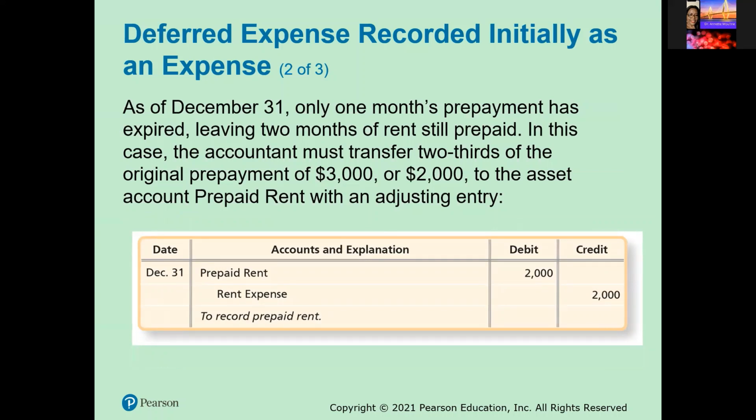As of December 31st, only 1 month's prepayment has expired, leaving 2 months of rent still prepaid. In this case, the accountant must transfer 2/3 of the original prepayment of $3,000, or $2,000, to the asset account prepaid rent with an adjusting entry. The adjusting entry here is a debit to prepaid rent and a credit to rent expense for $2,000.